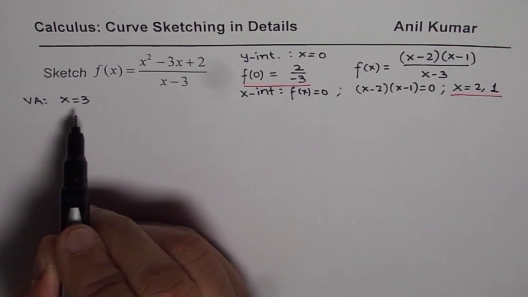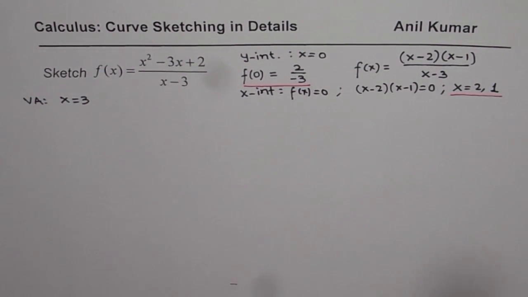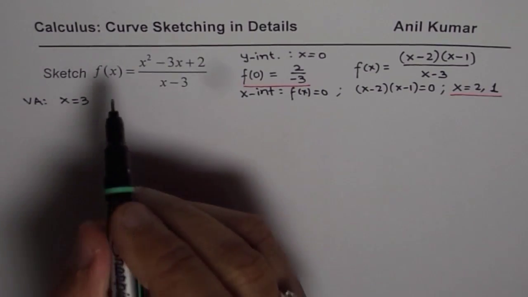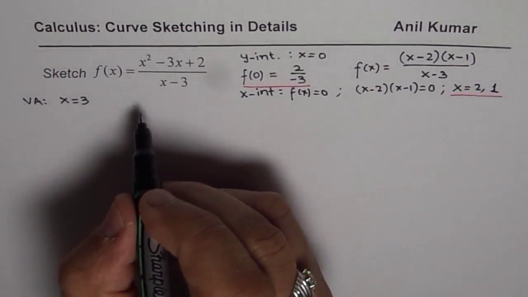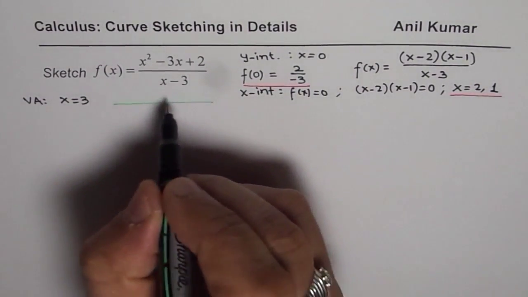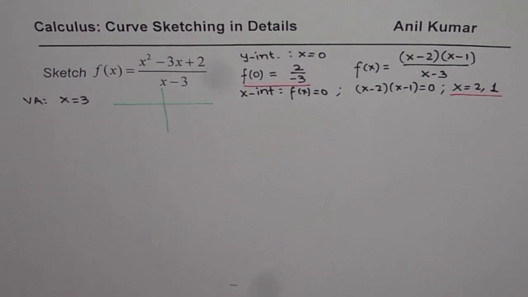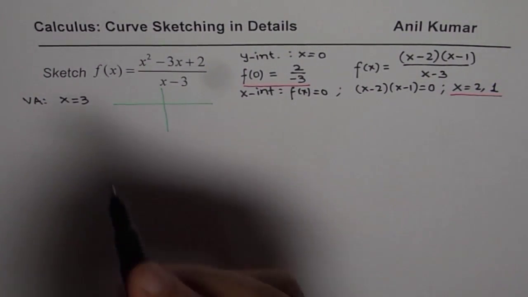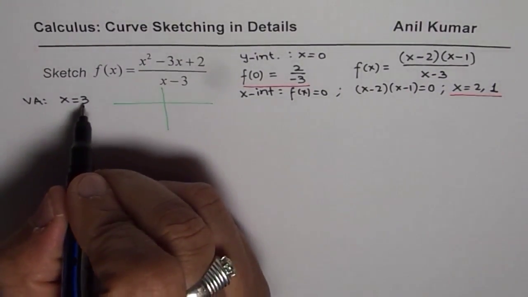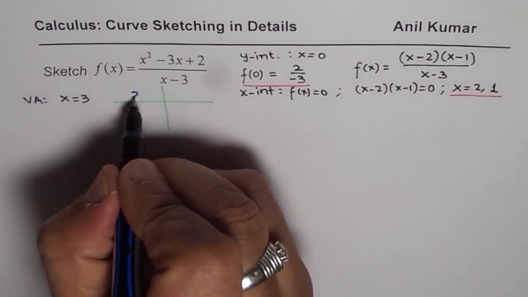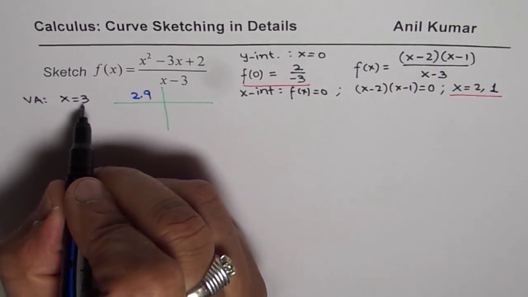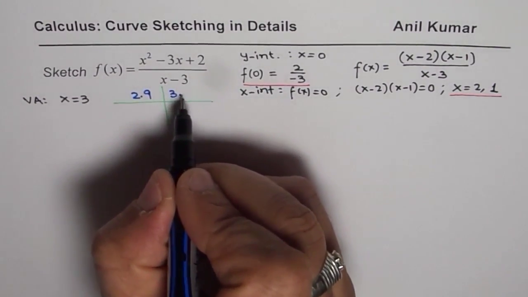Now whenever you find a vertical asymptote, it is good practice to also see its behavior as the value of x approaches 3 from both the left and right sides. When we say left side and right side, we basically mean that if I substitute a value for x which is a bit less than 3, let us say 2.9, and a bit more, which is 3.1.